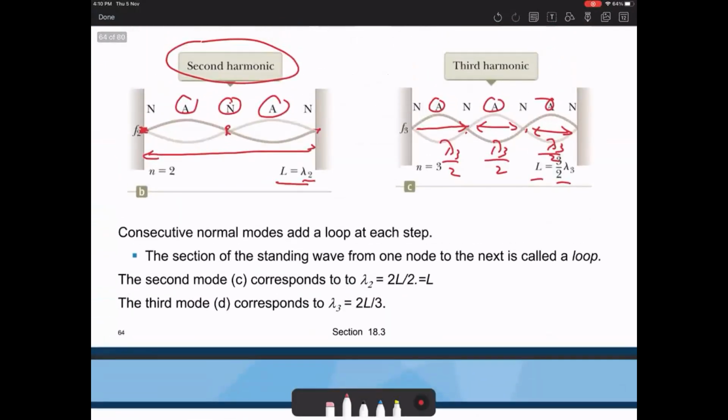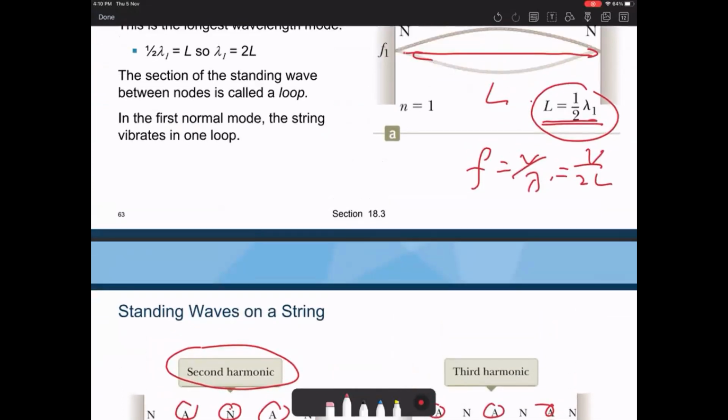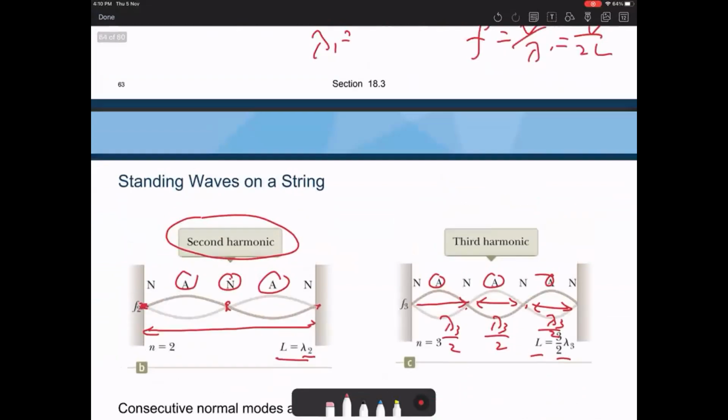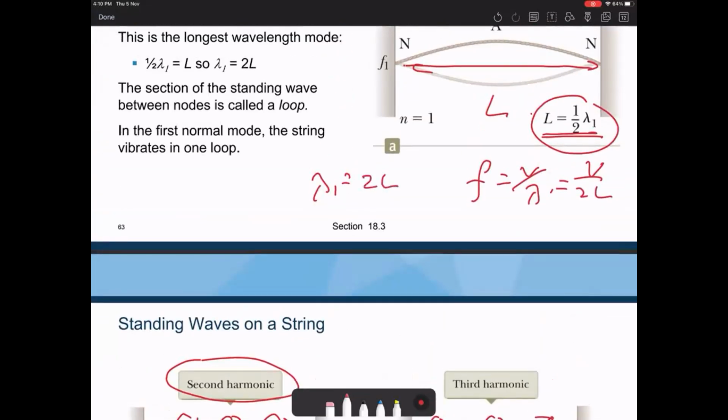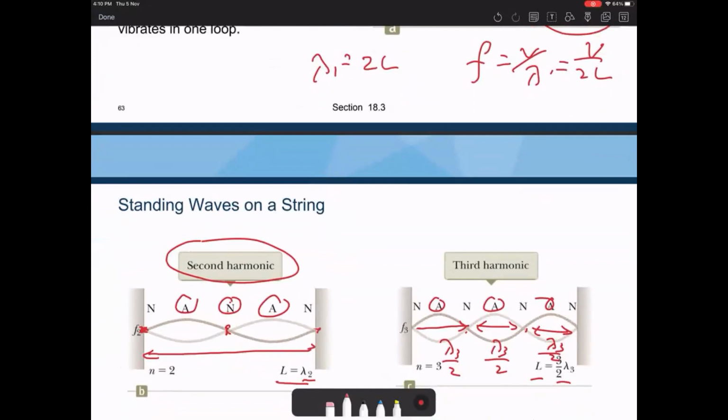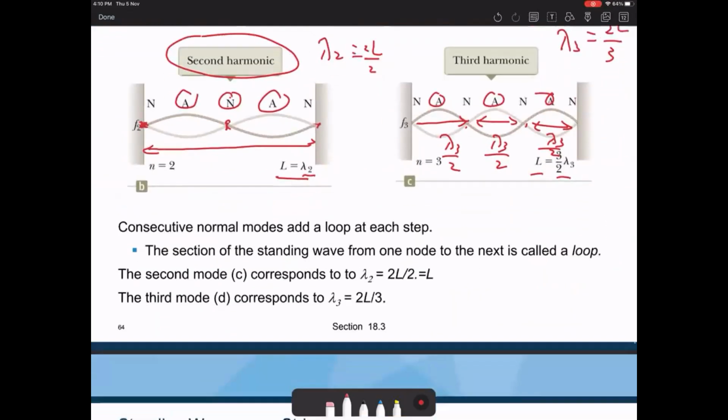Check it from here: lambda 1 is equal to 2L, lambda 2 is equal to L, lambda 3 is equal to 2L divided by 3. Or we could write lambda 1 is 2L divided by 1, lambda 2 is 2L divided by 2, lambda 3 is 2L divided by 3.